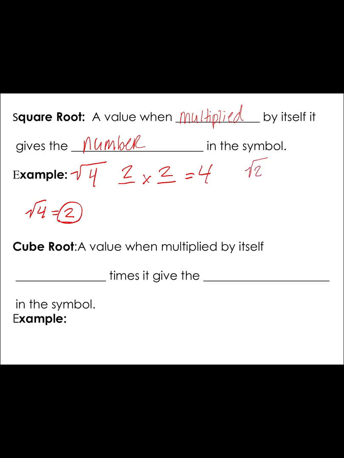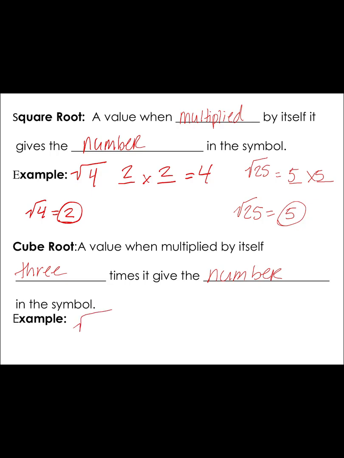We could also think about it like the square root of 25. What number times itself gives you 25? Oh, 5 times 5. So the square root of 25 is 5. Cubed root's a little bit trickier. So a cubed root is a value that, when multiplied by itself 3 times, gives the number in the symbol.